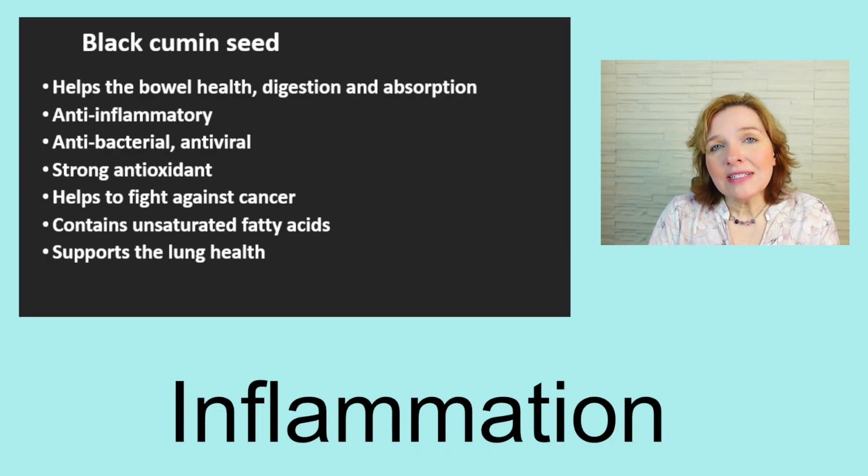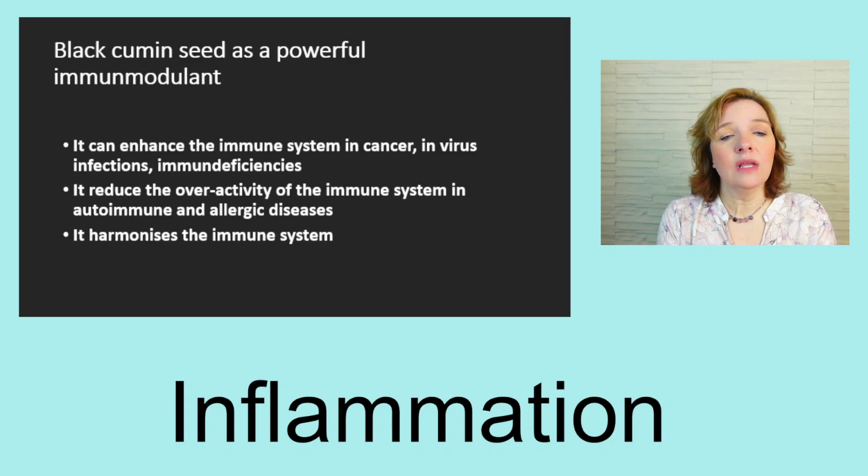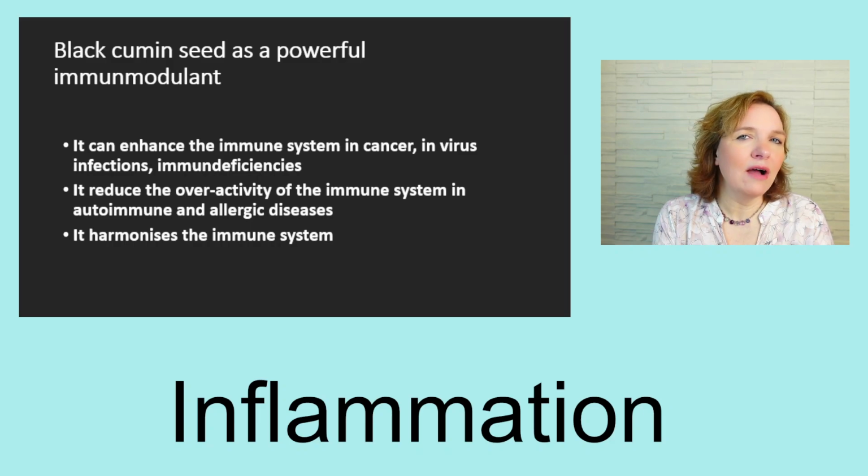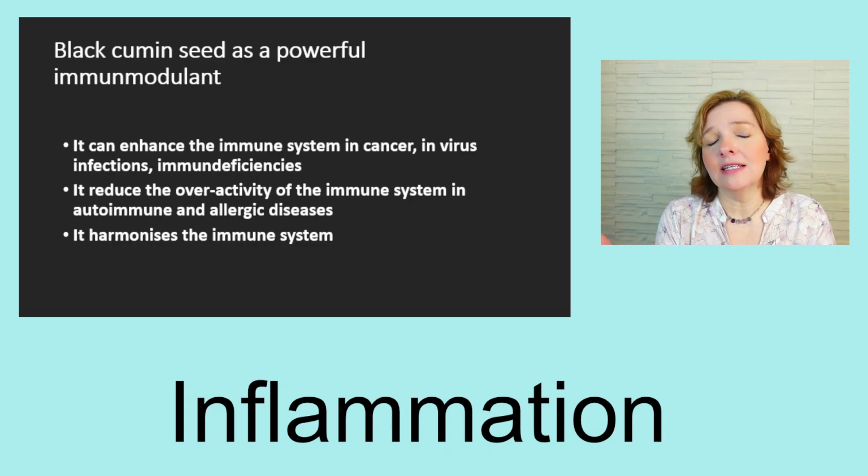The black cumin seed is one of the main ingredients that we have in all of our products, and it's a very strong anti-inflammatory. And it's not only anti-inflammatory, but we say it's a very powerful immune modulant, which means it helps the immune system to get stronger if it's weak, like in the case of cancer or any kind of infections.